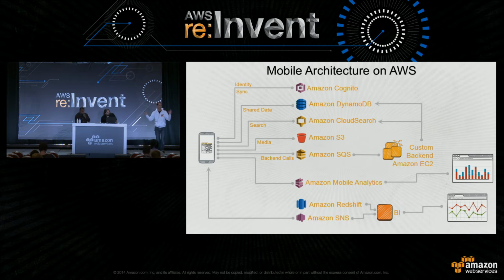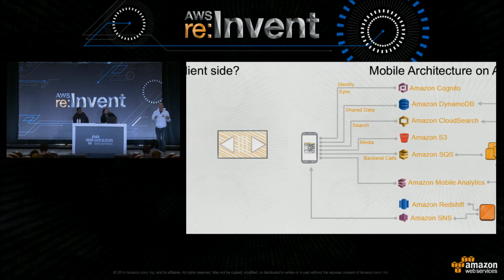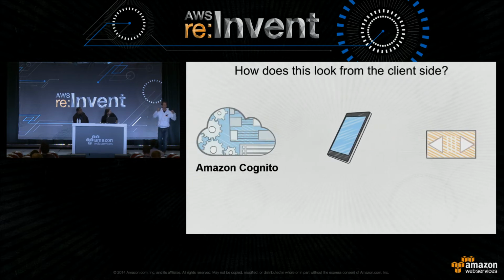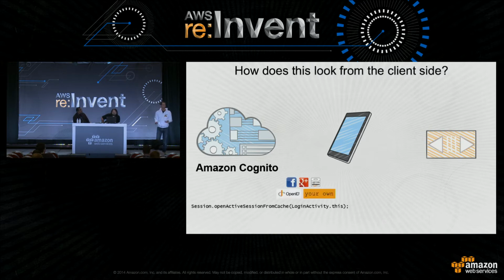Okay, there are a lot of services, and it looks complicated, and it is not. Let's look at the client side, how this is integrated on the client side. In this sample, we have Amazon Cognito, we have the client itself, and Amazon SQS. So we want to authorize the user. So we would perhaps open a Facebook login screen.